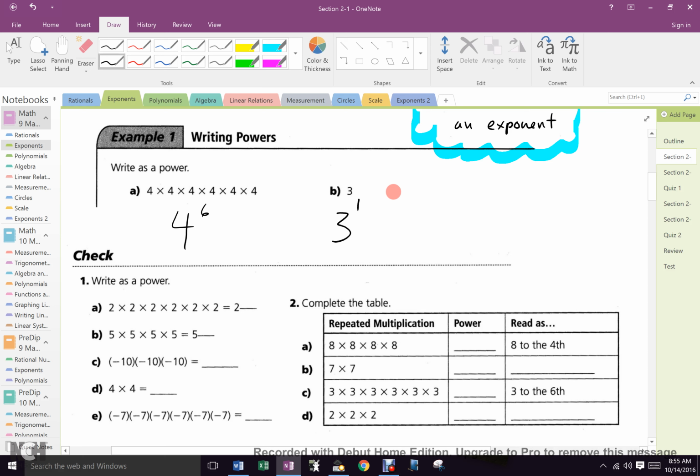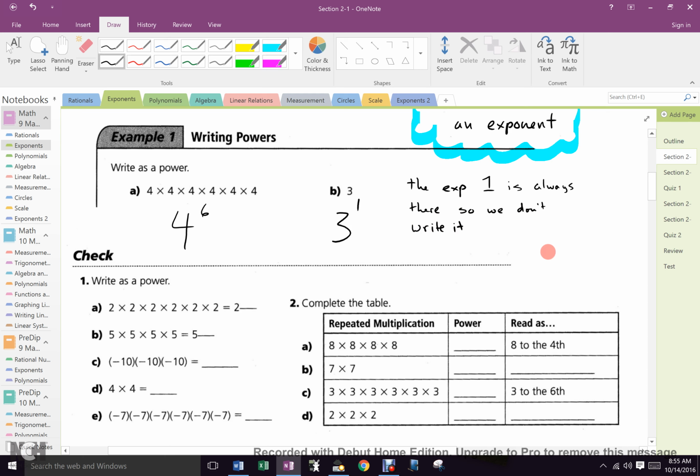So, this is the last thing you got to write. The exponent, and I'm going to abbreviate it. The exponent 1 is always there. So we don't write it. Okay? Does everybody understand?